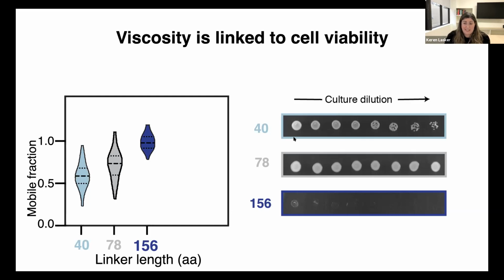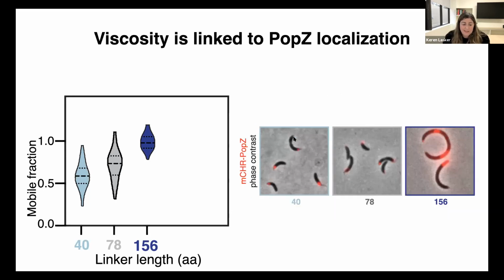So what is going on here? Let's look at the localization of these linkers in Caulobacter. Here I'm showing you the 2 different mutants fused to mCherry. And what you can notice is that in the wild type and in the short linker, POP-Z is still residing at the poles. But in this super liquid double linker mutant, POP-Z is not maintained at the pole anymore, which is really the first time we see it.